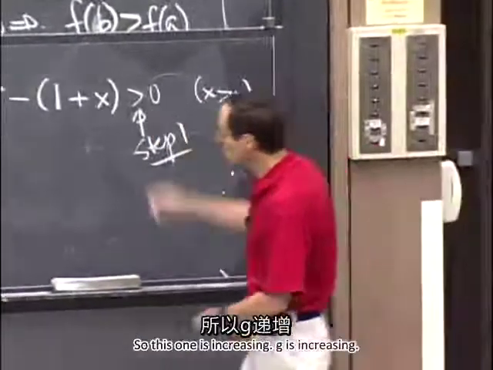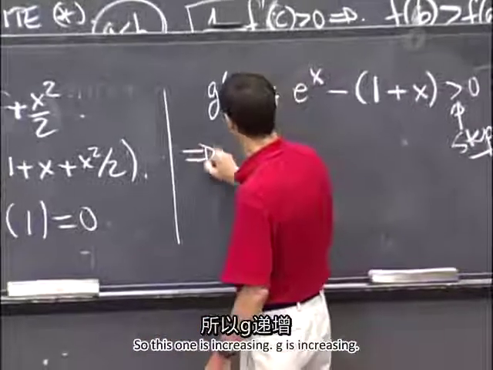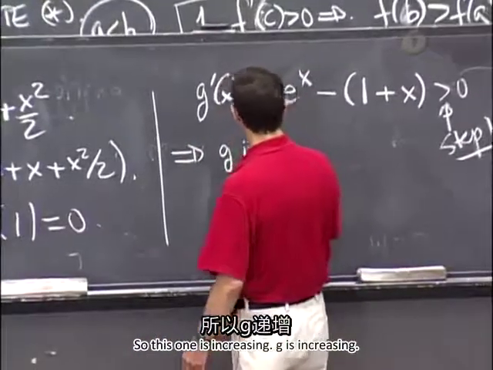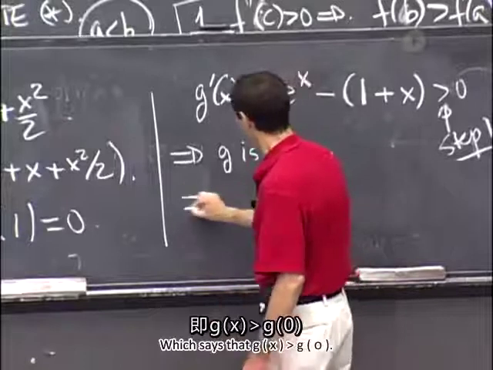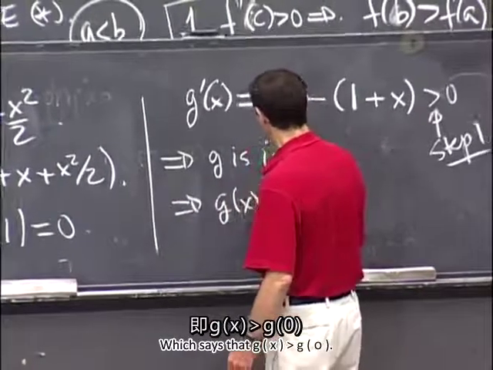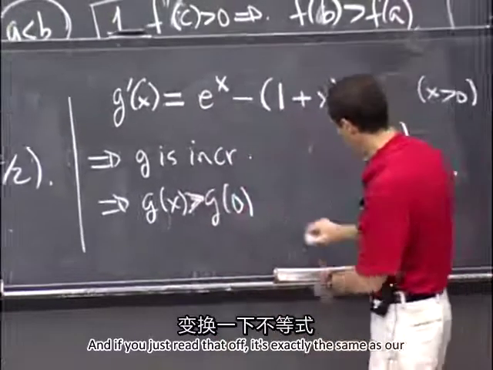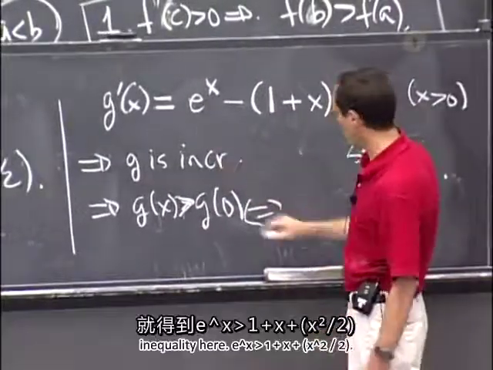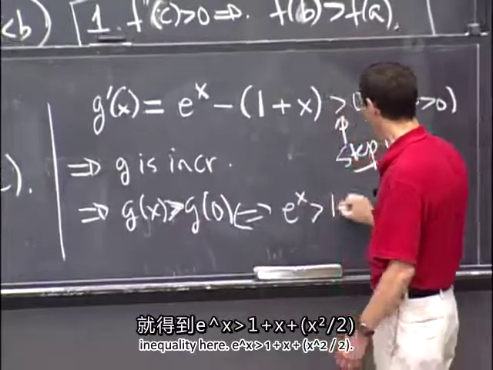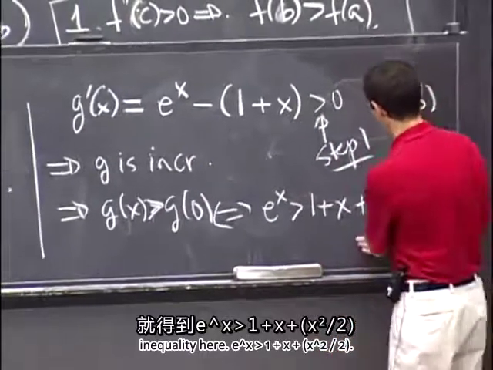All right? So this one is increasing. g is increasing, which says that g(x) is bigger than g(0). And if you just read that off, it's exactly the same as our inequality here. e^x bigger than 1 plus x squared over 2.